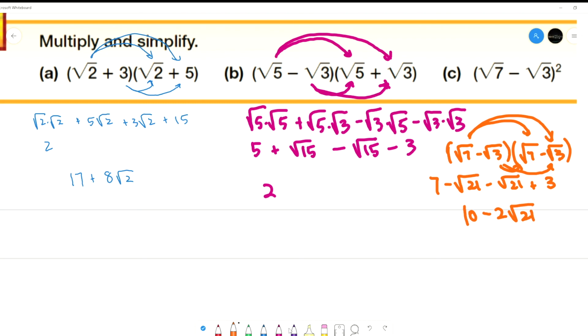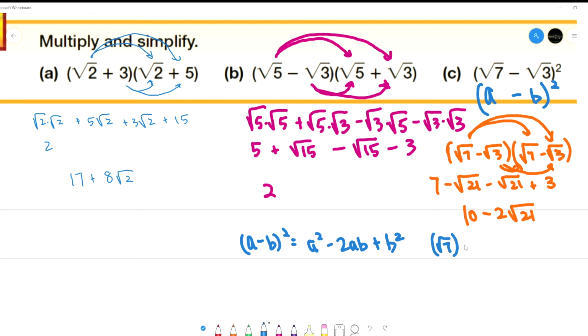So that was the first way, right? And the second way is a squared. So this is a minus b squared, right? So if you recall, a minus b squared is equal to a squared minus 2ab plus b squared. So what's a squared? A squared is radical 7 squared, right?